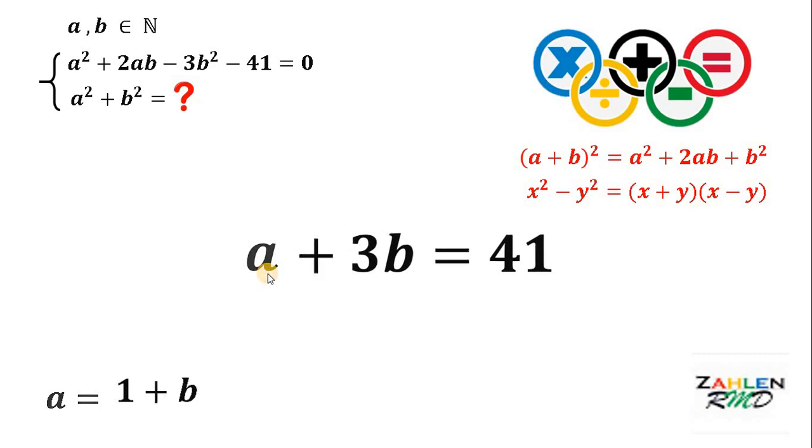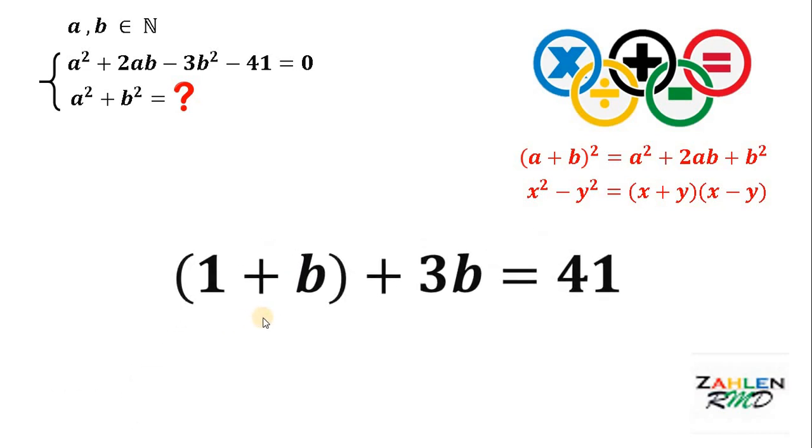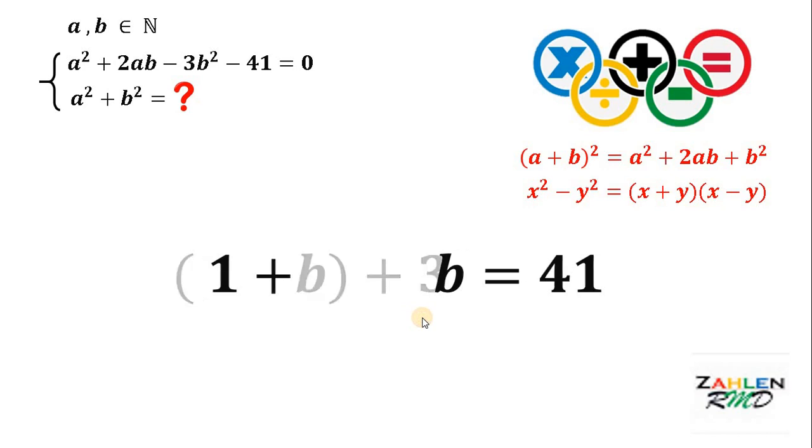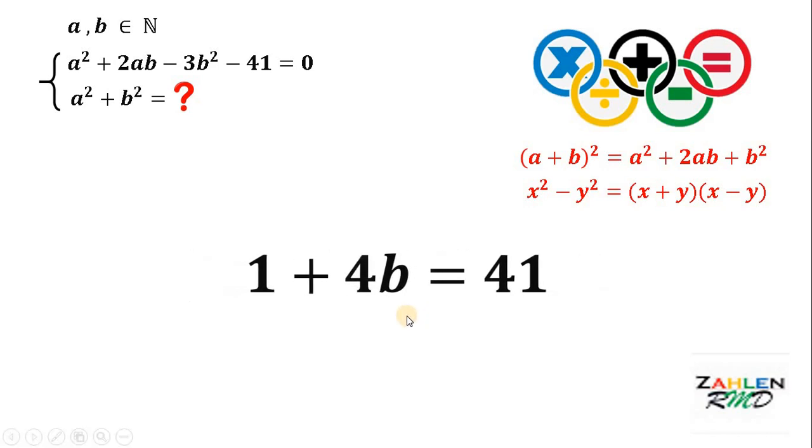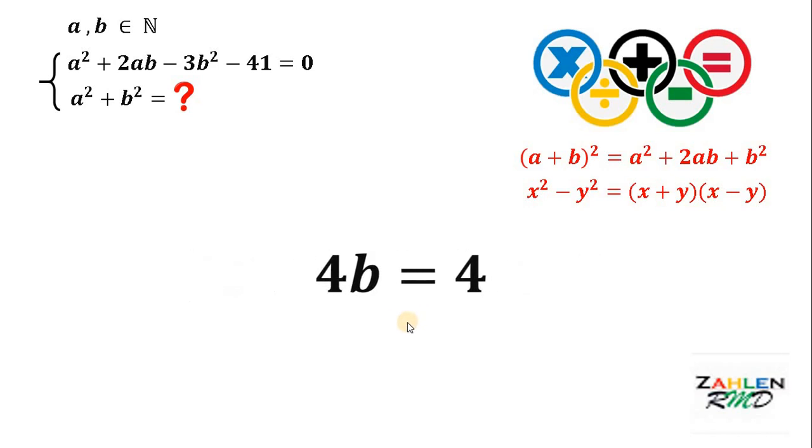So we have 1 plus b plus 3b equals 41. Simplify: b plus 3b gives us 4b. Subtract 1 on both sides, we get 4b equals 40. Divide by 4 on both sides, we get b equals 10.